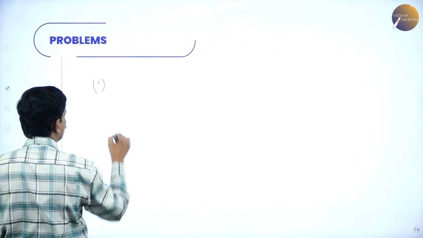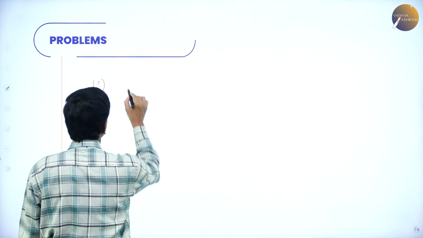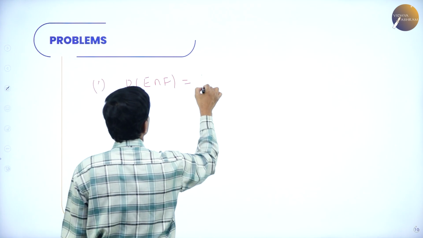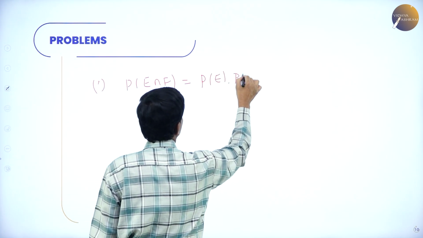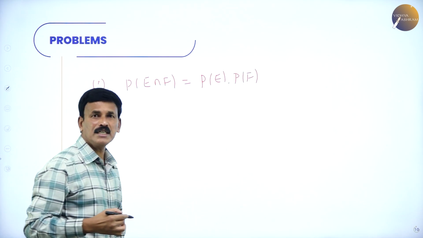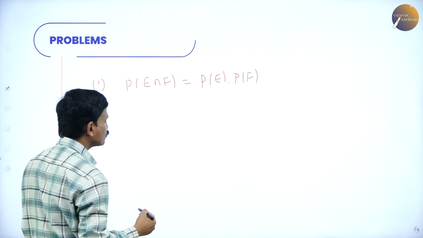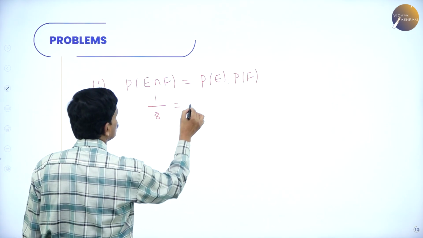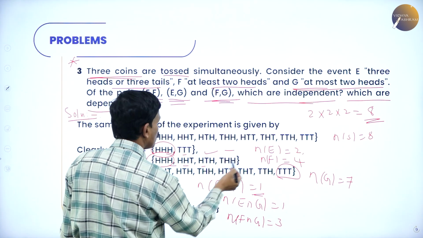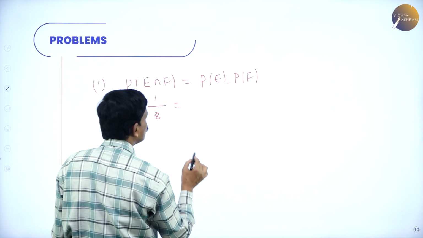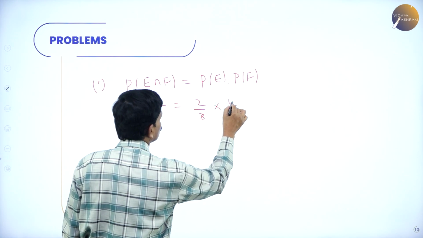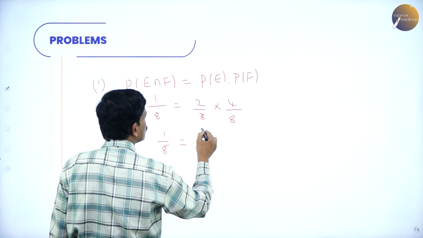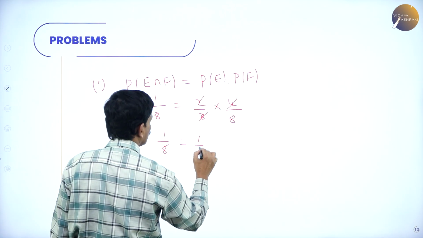First one: probability of E intersection F is equal to probability of E into probability of F. Check whether E and F are independent or not. Now, what is N of E intersection F? This is 1 divided by 8, equal to probability of E, which is 2 by 8, into 4 divided by 8. 4 2s are 8, so we get 1 over 8.